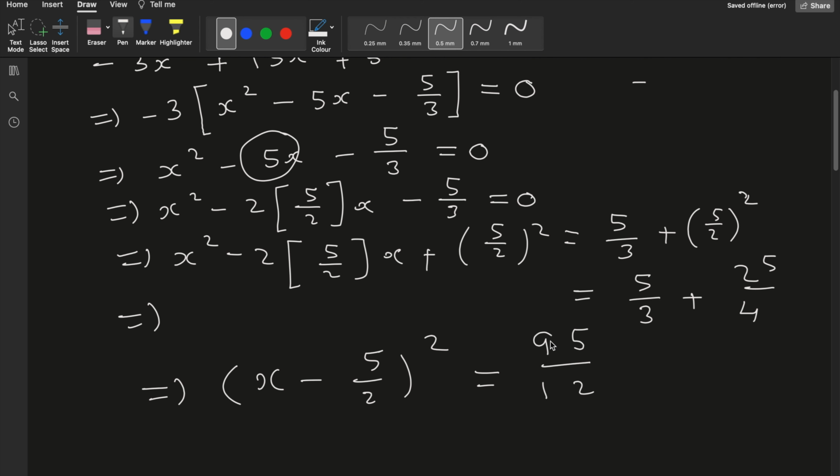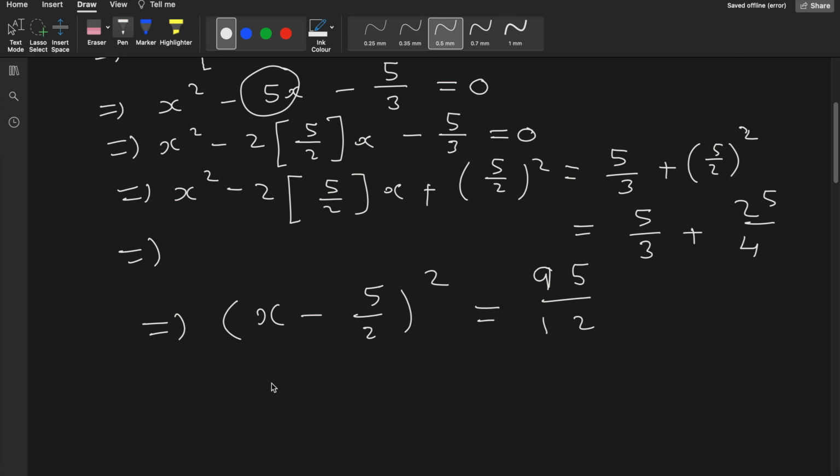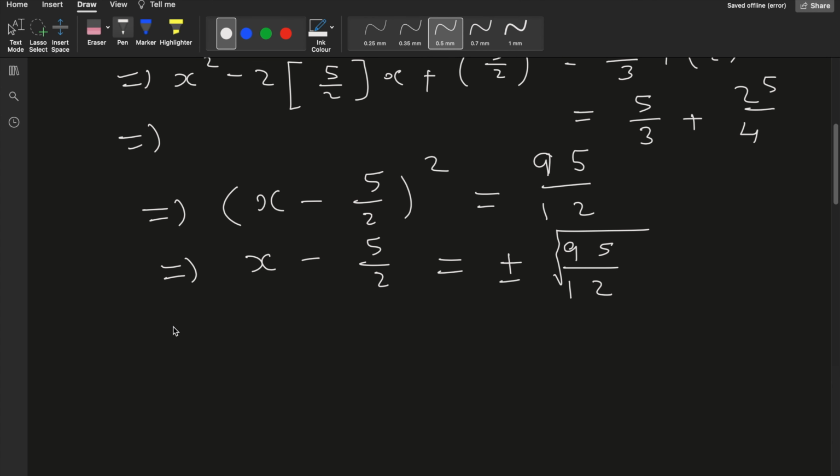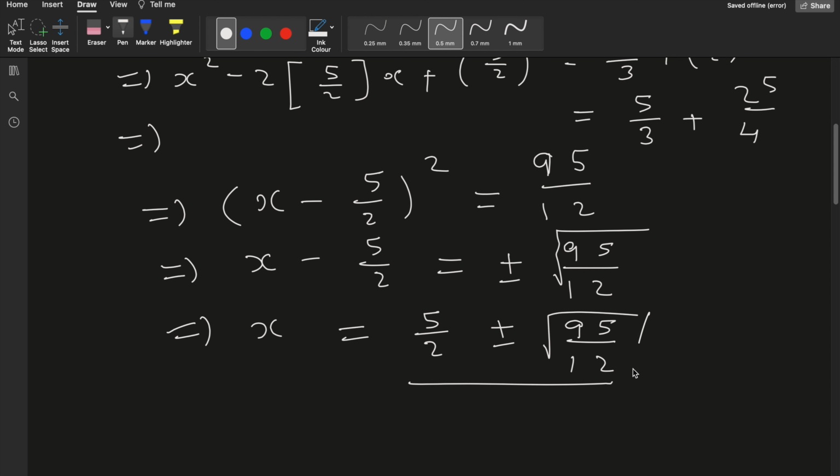And now we'll take the square root of both sides. Implies x minus 5 divided by 2 equals plus or minus square root of 95 divided by 12. And now we'll add 5 by 2 to both sides. So x equals 5 divided by 2 plus or minus square root of 95 by 12. So this is our answer for this equation.